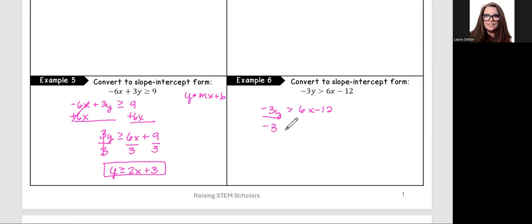Okay, so when we divide by a negative, that inequality, we're going to have to flip it so that it cancels out. We write down our y. I'm going to take that and I'm going to flip it. It's a less than. 6x divided by -3 is -2x. -12 divided by -3 is a +4.